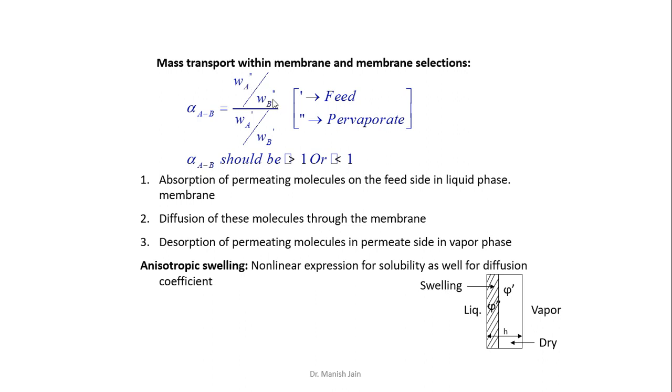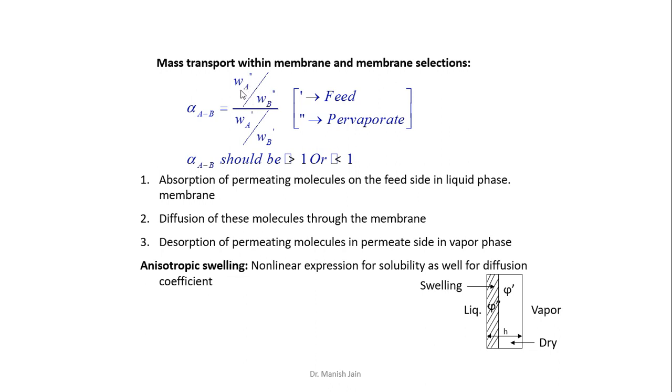w_B double dash is the concentration of component B in the permeate side. w_A dash is the concentration of A in the feed side, and w_B dash is the concentration of B in the feed side. Suppose A is separating out selectively through the membrane.